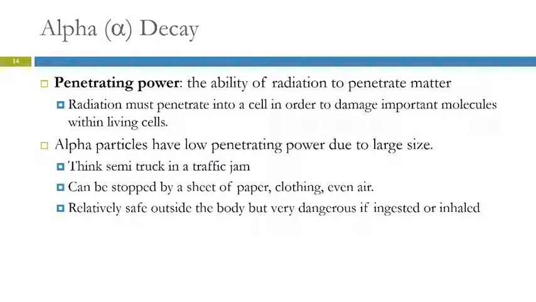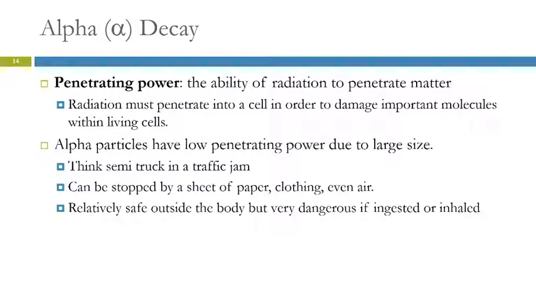Alpha particles are very large, and they have a hard time getting into the molecule because they're so big. And so here we think about a traffic jam. And if you're driving a semi-truck in a traffic jam, you're just going to have to tough it out and go slow and get through with everybody else, right?